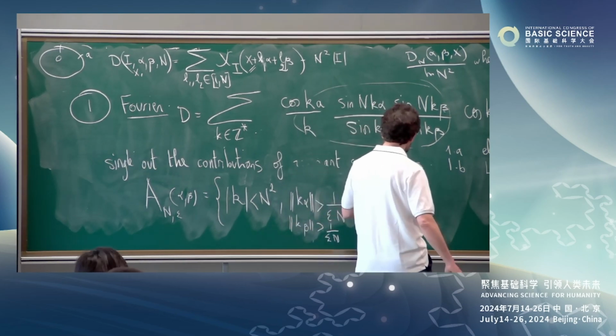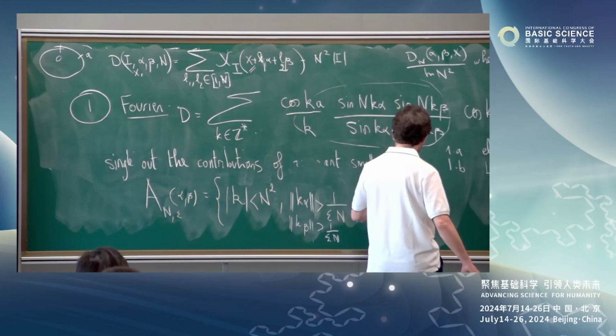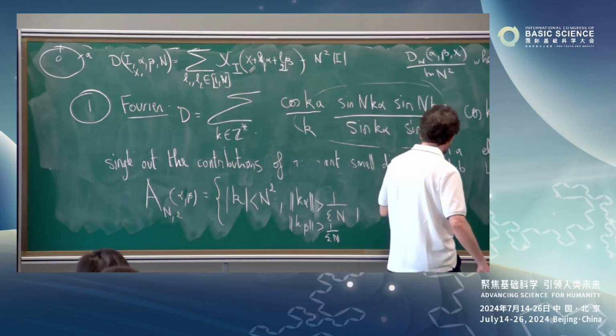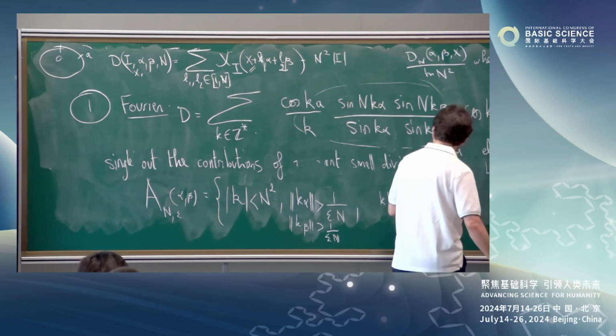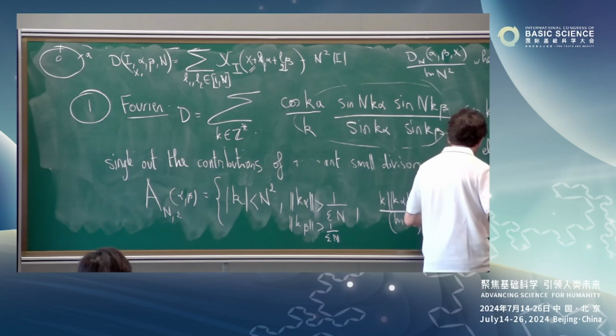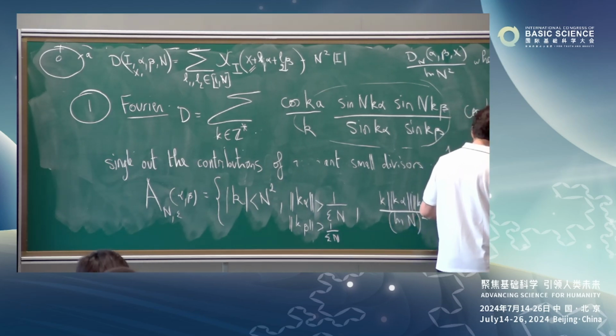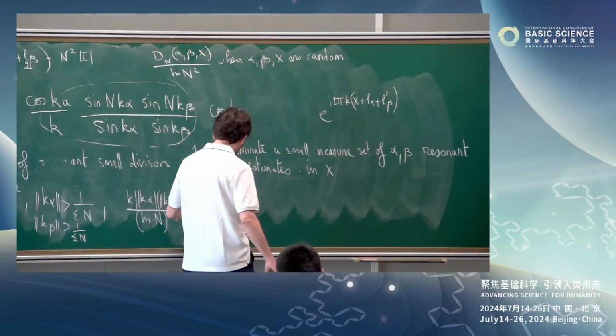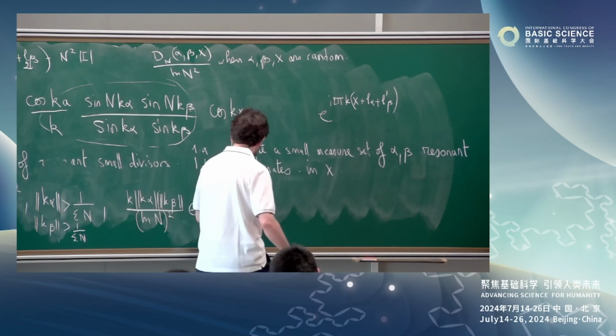And (k alpha, k beta) divided by log n squared is in [-1/epsilon, 1/epsilon].